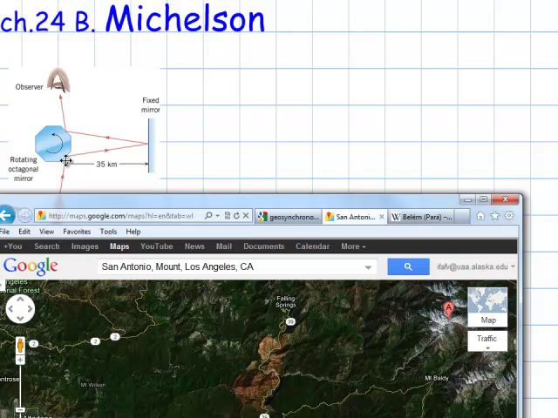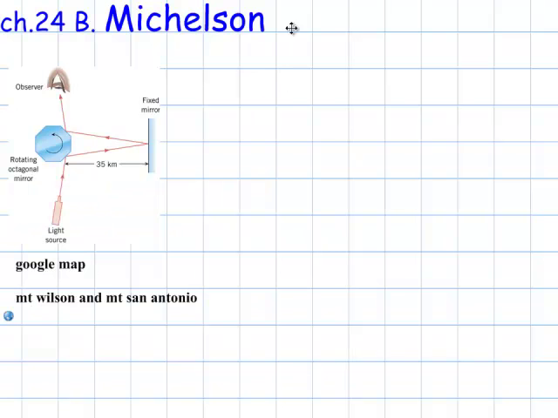So it's pretty much 35 kilometers times 2 is the total distance. So from that, we get that the time it takes to go forth and back is 2 times 35 kilometers, divided by 300,000 kilometers per second.